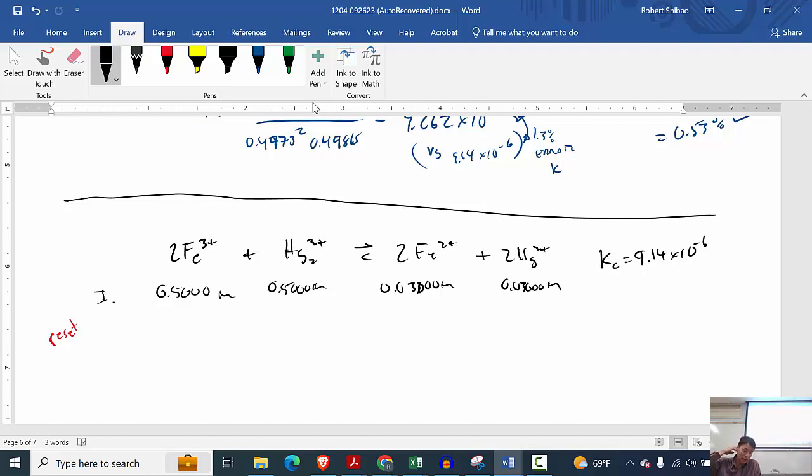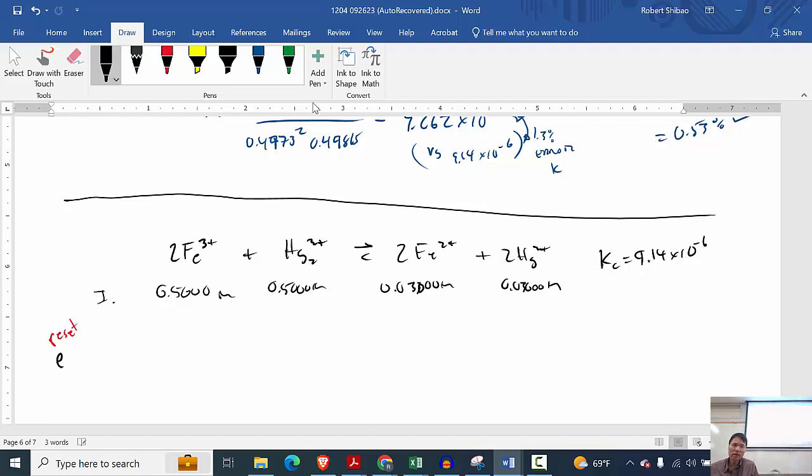I look at the K, and the K should tell me which way I should reset it. I should reset it to the right because equilibrium favors the right, or I should reset it to the left because equilibrium favors the left. Which side is favored at equilibrium? The left. And so I'm going to reset it to the left.